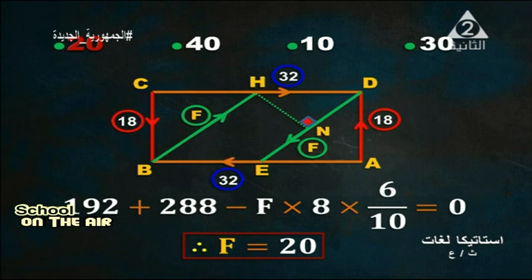Positive or negative? After that, in equilibrium, the summation equals what? Equals 0. The moment of the couple equals L times F or F times L, where L is the distance between the two forces. Therefore, the value of the force F is 20 Newton.